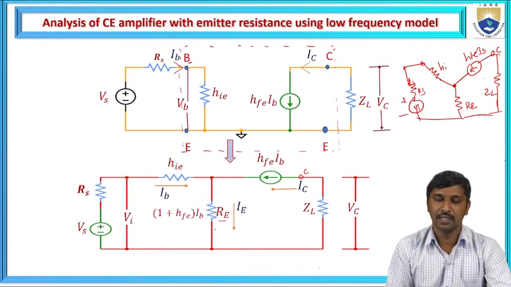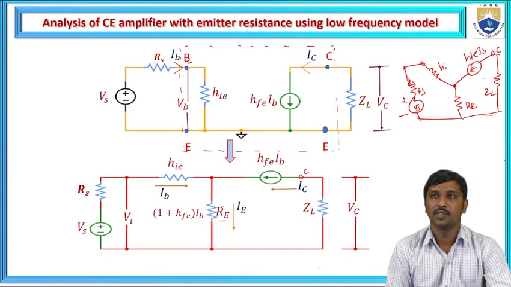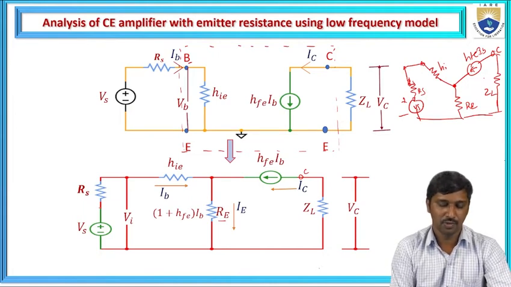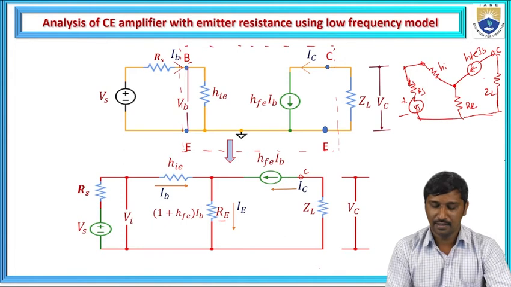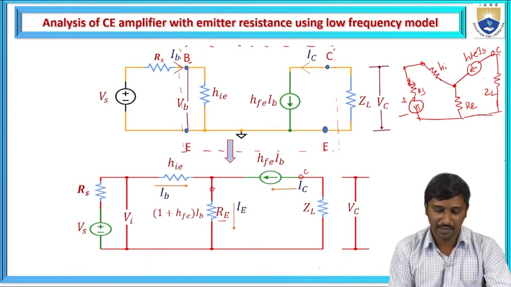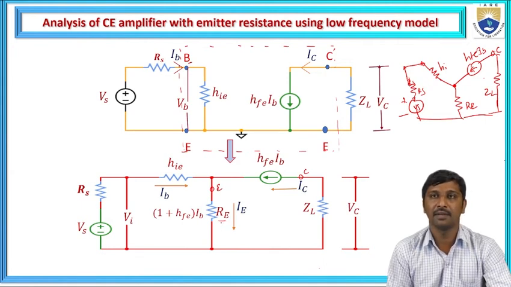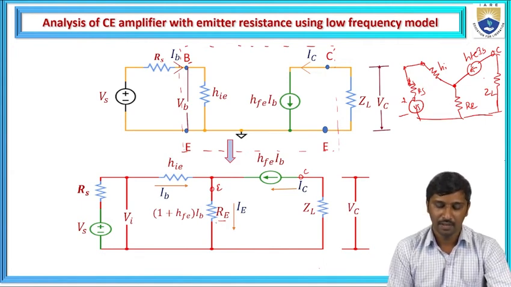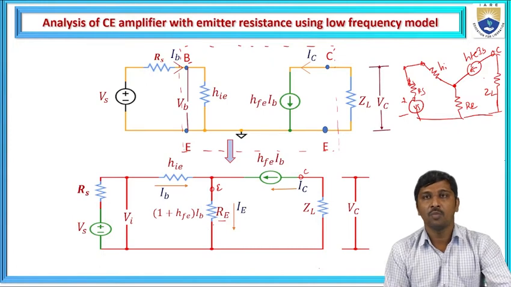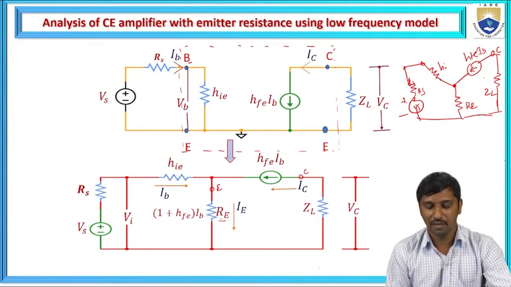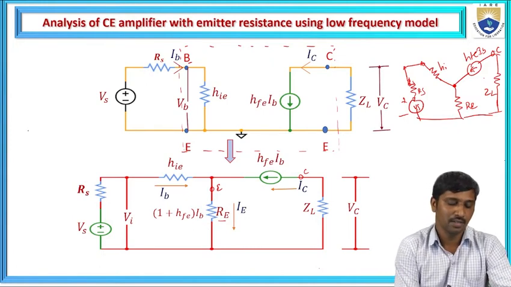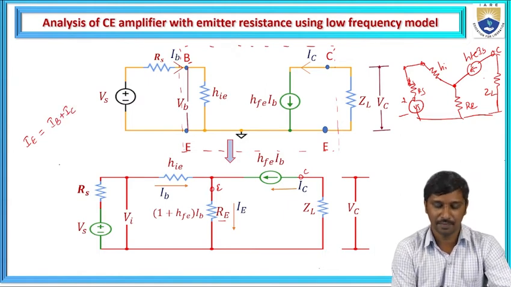The same circuit is drawn here in terms of the small signal model. It shows HIE and a current source HFE times IB, and this is the emitter terminal. Across the emitter terminal, the emitter resistance is RE. Now we need to identify how much current flows across the emitter resistance. We know from the construction of the transistor that the emitter current is the summation of base current and collector current.